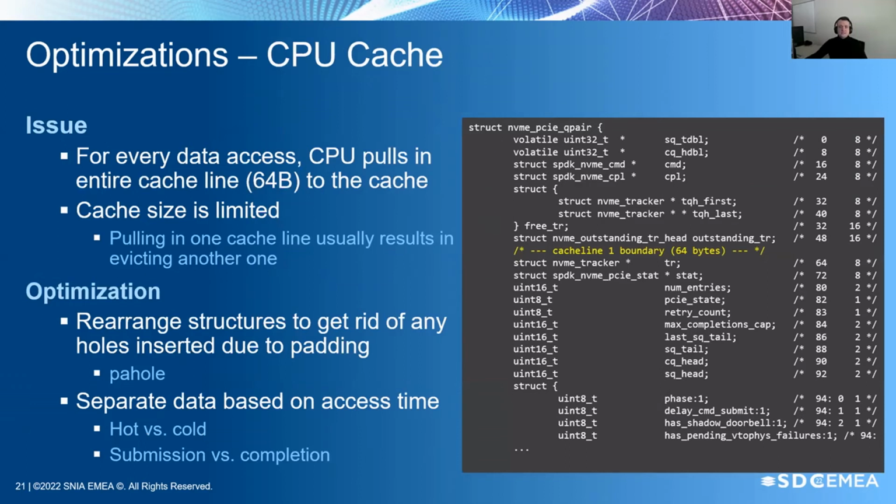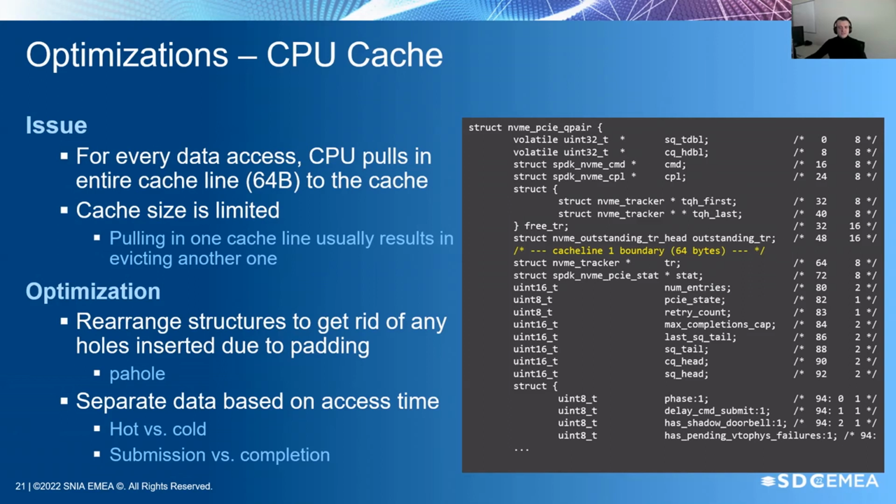Another thing that's important to keep in mind when talking about optimization is, of course, the CPU cache. This is a pretty complex topic, probably could be a separate presentation, but nevertheless, I think it's worth mentioning some of the things that we can do. Whenever data is accessed by the CPU, it will pull the entire cache line from memory to the cache.